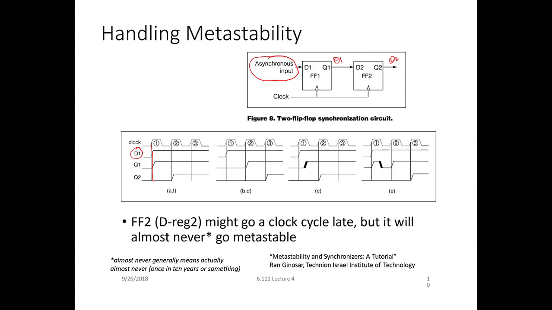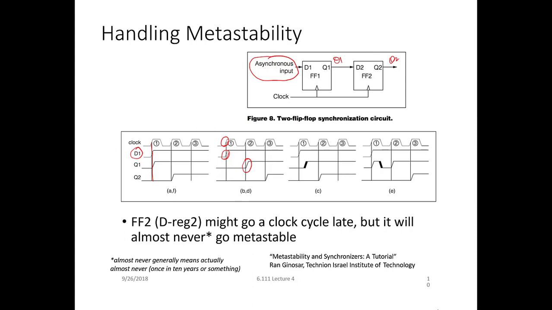So Q1 catches it, but Q2 does not catch it. Okay. Then for example, consider the other case. It may happen that this transition happens here, but it is captured by Q1 after some time, because it may miss it on this clock cycle.